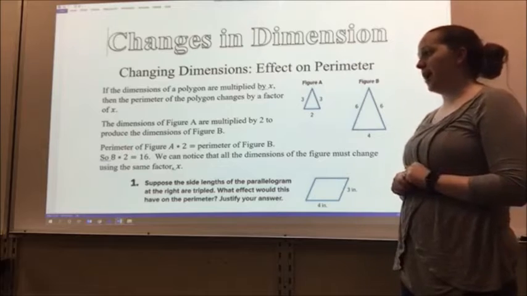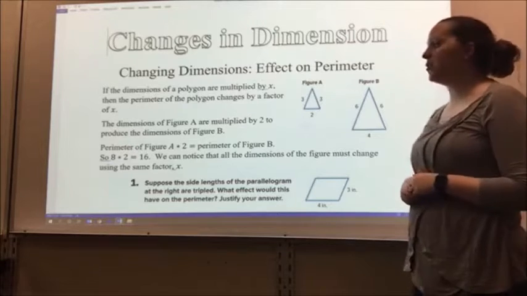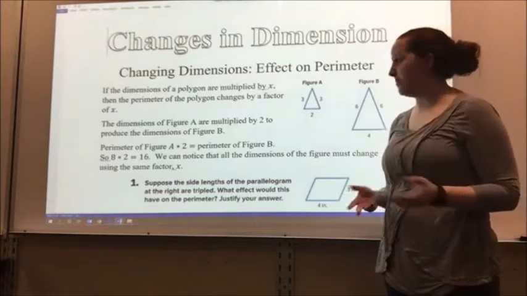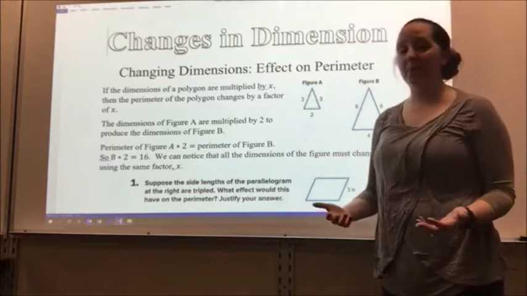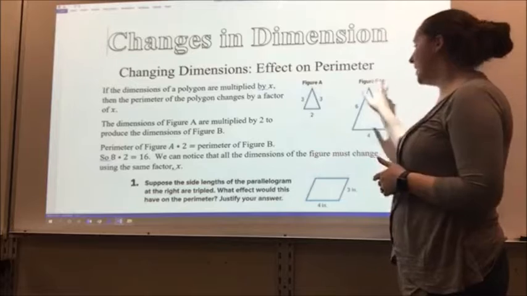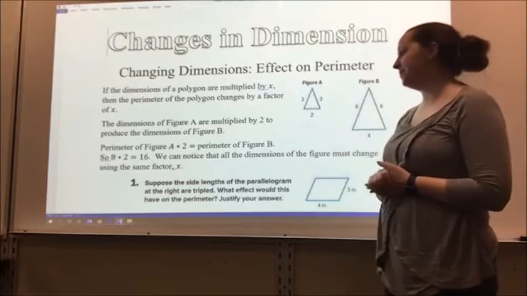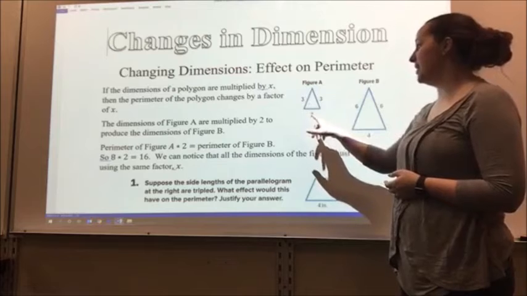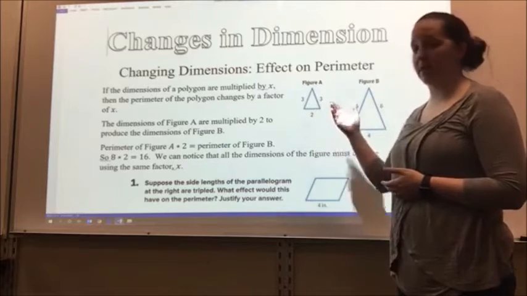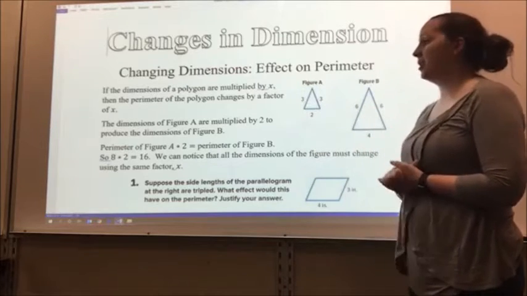Perimeter of figure A times 2 equals the perimeter of figure B. So if I add all these together and then multiply that perimeter times 2, I would get the perimeter of figure B. So 8 times 2, because 3 plus 2 is 5, plus 3 is 8, will give me a perimeter of 16.